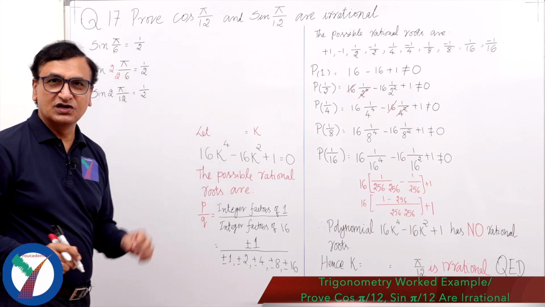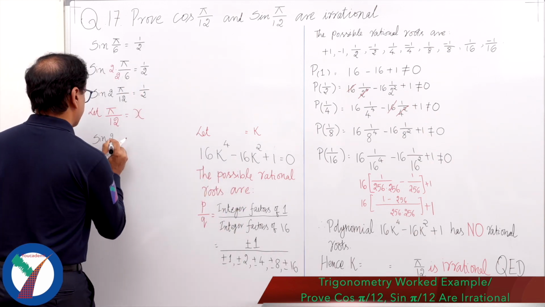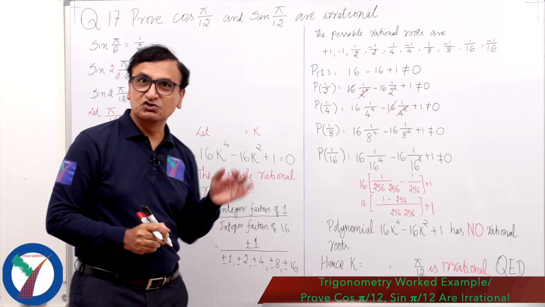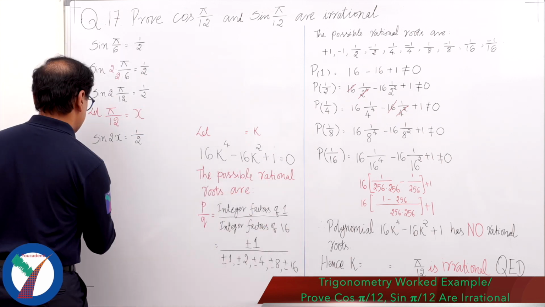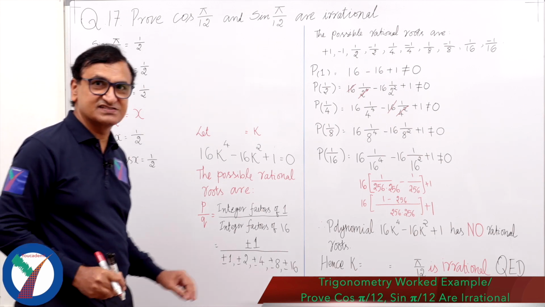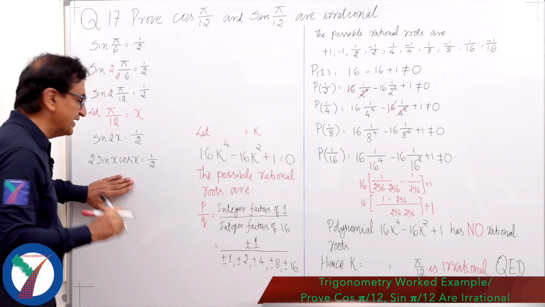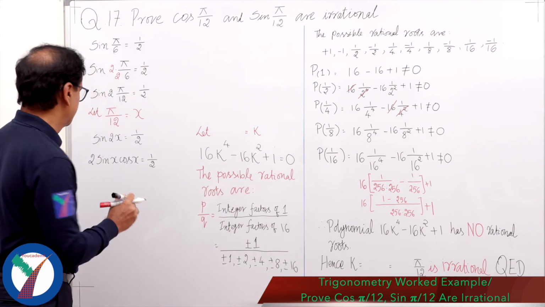And as before, let's write pi by 12 as x. And sin 2x is 2 sin x cos x. Now cos x can be written as square root of 1 minus sin square x, because I want to maintain only sine in my equation.